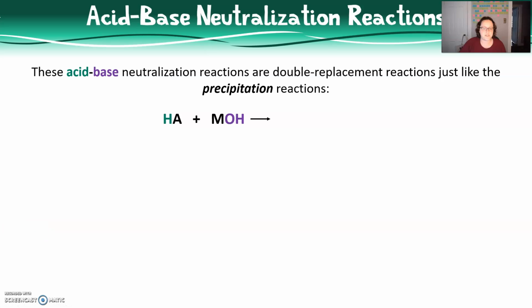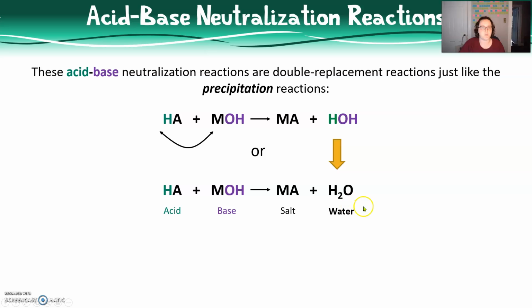As we saw on the first slide, when an Arrhenius acid and an Arrhenius base are mixed, a double displacement reaction occurs. And here I've swapped the cations, creating a salt from the acid's anion and the base's cation. The double displacement also leads to a hydrogen ion being combined with a hydroxide ion, which just represents water.